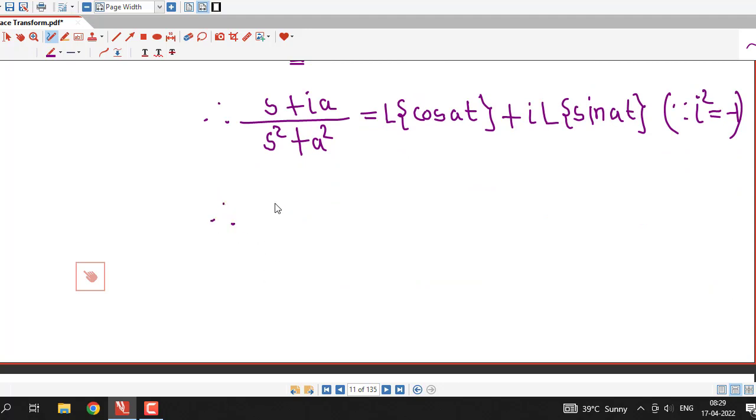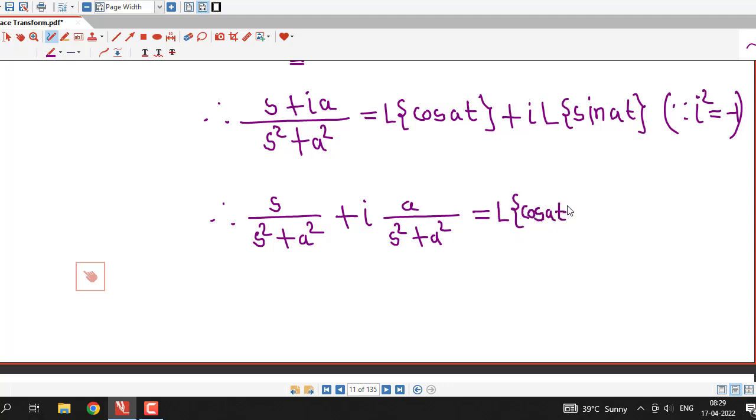So again we can rewrite this as s divided by s square plus a square plus i times a divided by s square plus a square, and this is equal to Laplace transform of cos at plus i times Laplace transform of sin at.